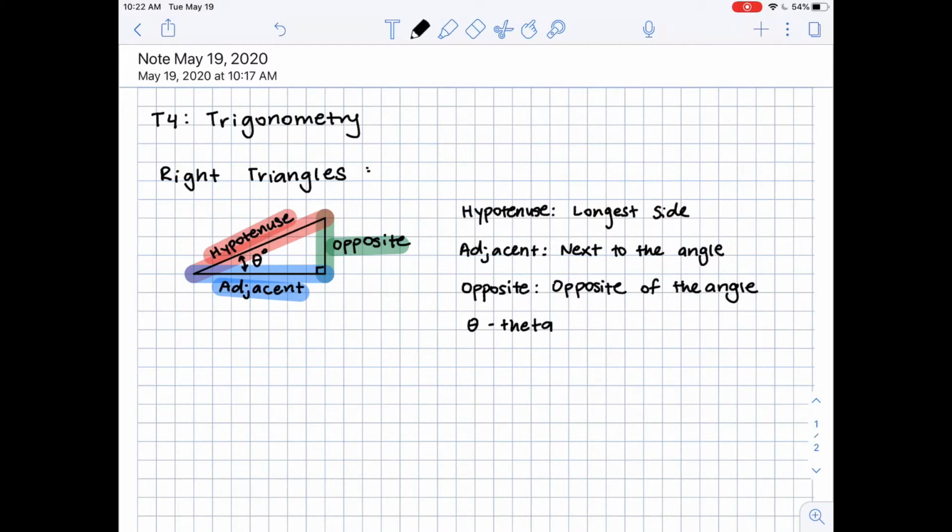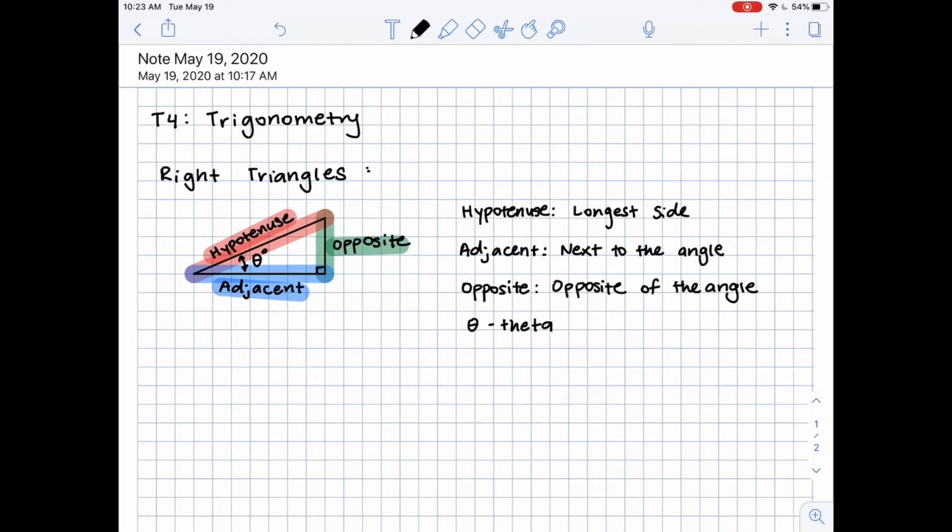Now, trigonometry is used for what we're looking at today. Let's say we have angle theta. And we say we're standing 10 feet away from a tree. And we're looking up at an angle of 40 degrees.